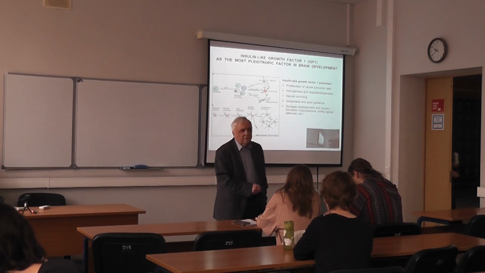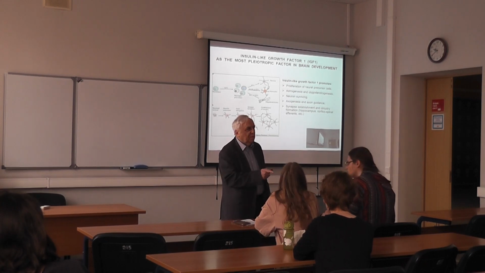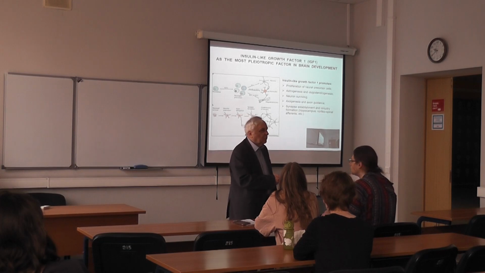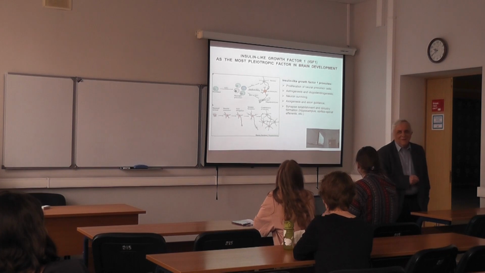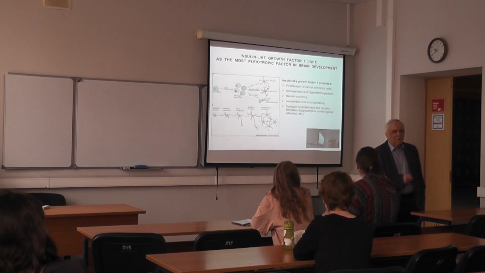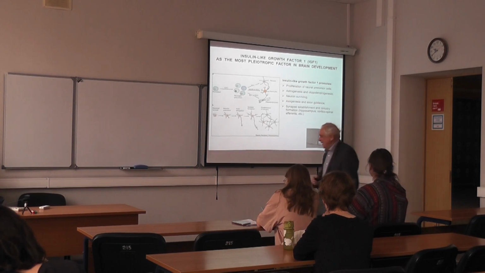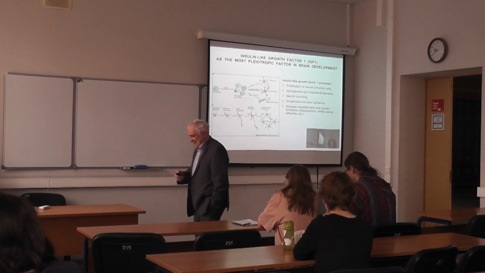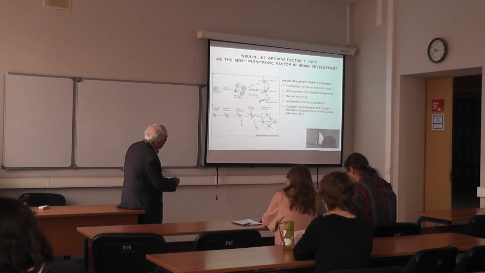How do we call neural precursors? What is the title of the progenitor cells for neurons? Stem cells. It was mentioned 10 minutes ago. Good. And then astrogenesis and oligodendrogenesis.